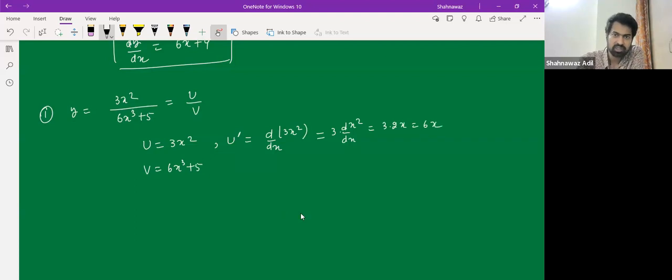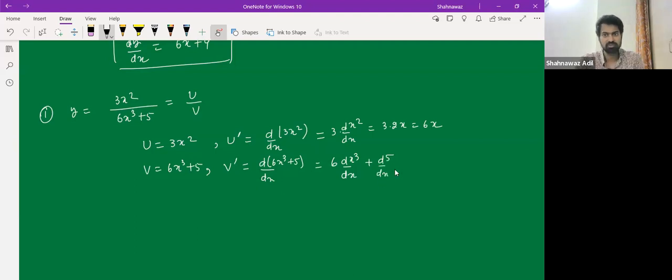So u dash is 6x, right? Yes, sir. And we have v dash. So v dash would be how much? d by dx of 6x cube plus 5. Right, so this would be simply 6 d by dx of x cube plus d by dx of 5. So this is how much?